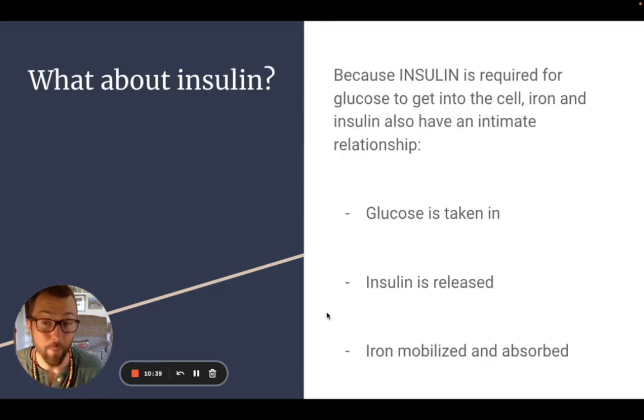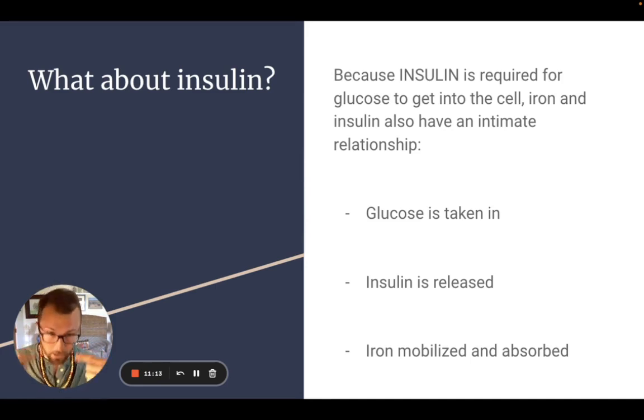And now as a diabetic, when you think of taking glucose in, you think, oh, insulin, right? Insulin is the protein that makes sure glucose can get into the cell where it can be used to create energy, right? So because insulin is required for glucose to get into the cell, and iron is needed to use that glucose properly, insulin and iron have a relationship together, okay?